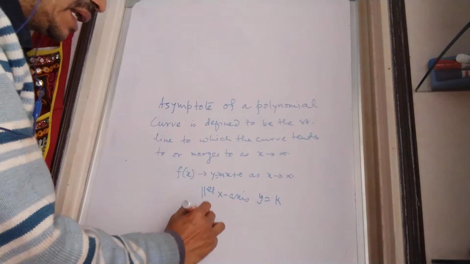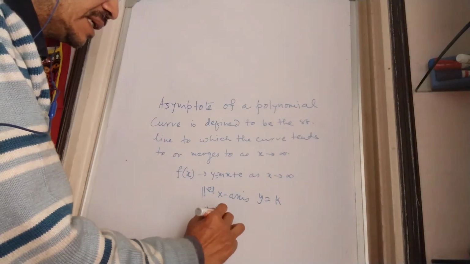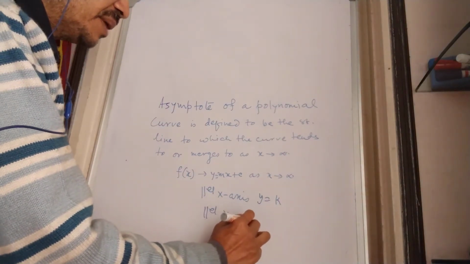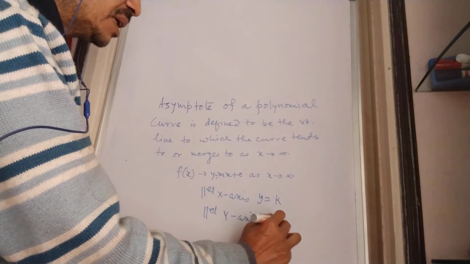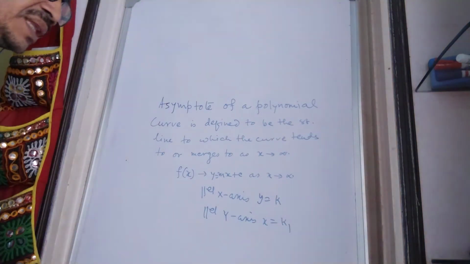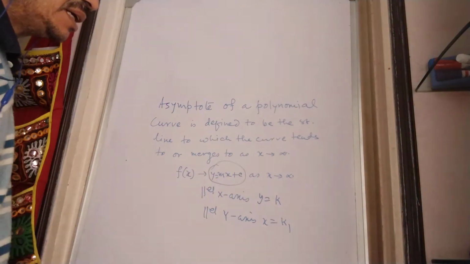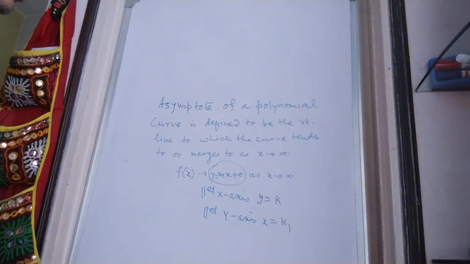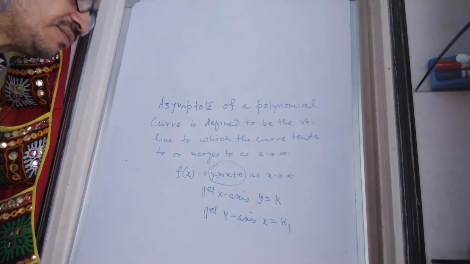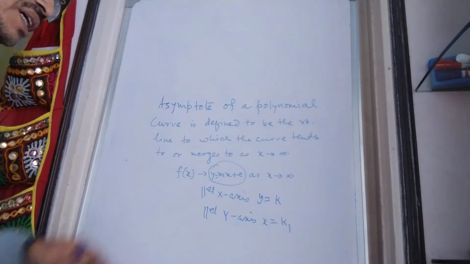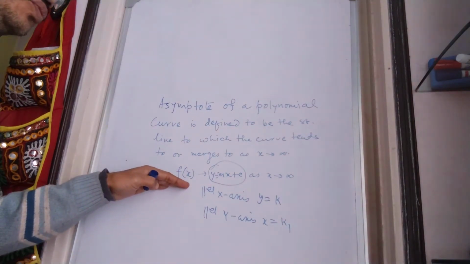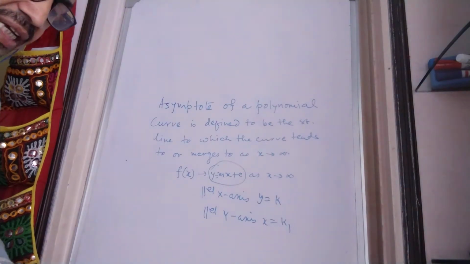And similarly, a parallel to the y axis asymptote is given by x equal to some other constant k1. And when we say we have an oblique asymptote, we have y equal to mx plus c as the form to which the curve tends to as x tends to infinity.